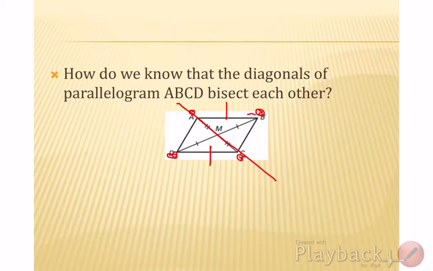And when it crosses on the diagonal, it bisects. That line didn't bisect very well. You want to clear that up. Let's move on.